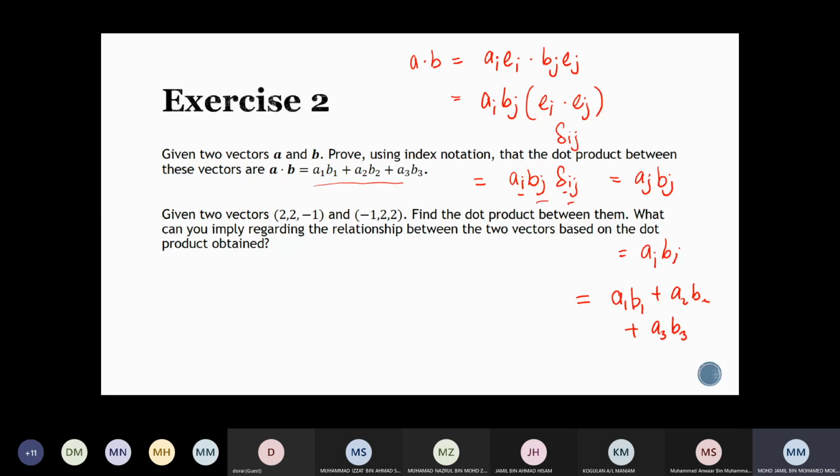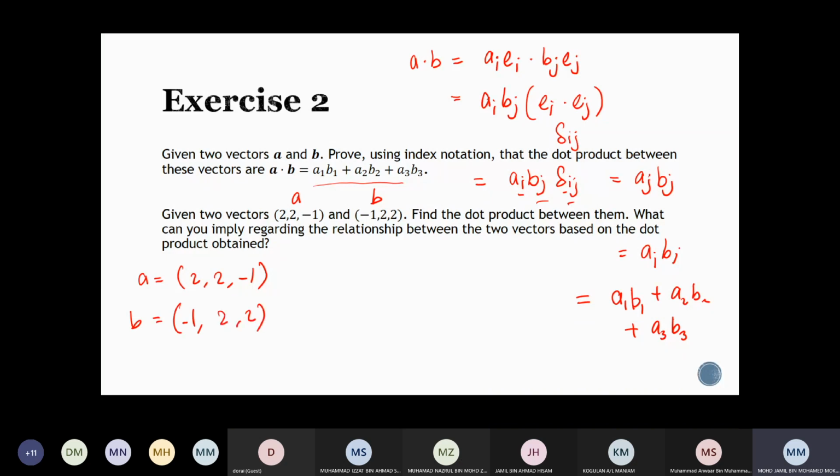Okay, so another question. Given two vectors, the first vector is 2, 2, -1 and the other one is -1, 2, 2. Find the dot product between these vectors. Let's name them A and B. So A equals 2, 2, -1, and B equals -1, 2, 2.